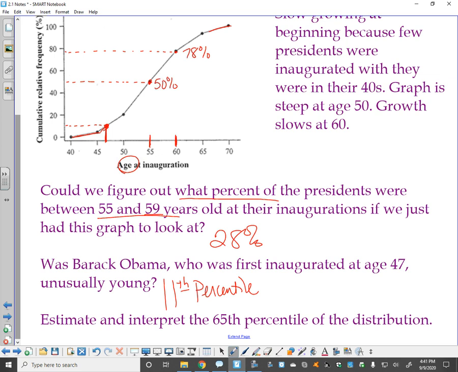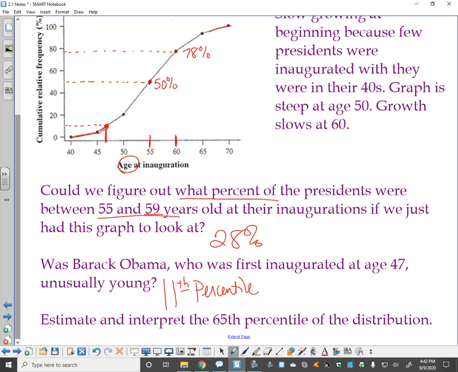So my justification here would be, yeah, sure, he's only older than 11% of all U.S. presidents at their age of inauguration. Or you could flip it and say Barack Obama is younger than 89% of all other U.S. presidents when they were first inaugurated.